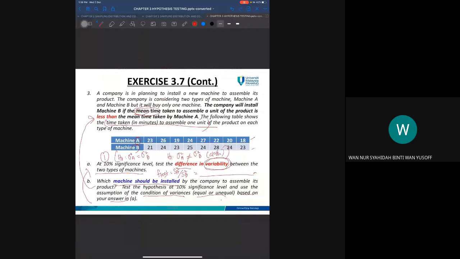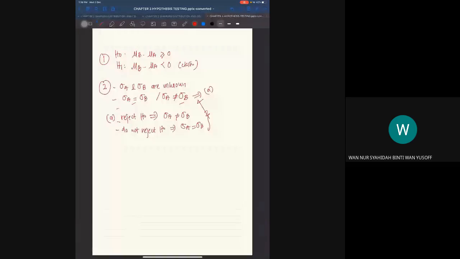And then after that, it is your N for A and B less than 30. So can you see how it is related to each other? This is what I mentioned when we discussed 3.7. These conditions sometimes you have to test. If it is not in your question, then you have to test first.